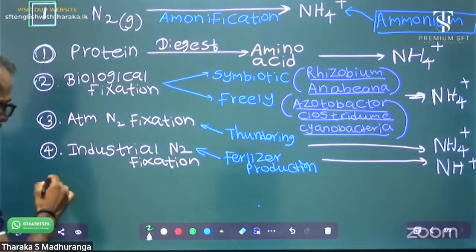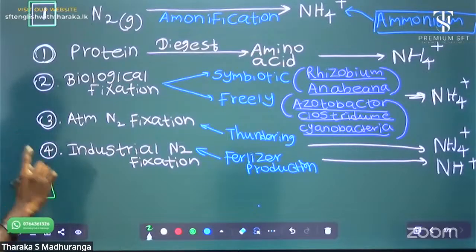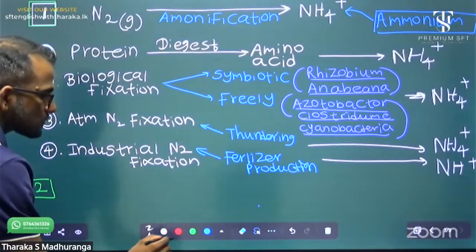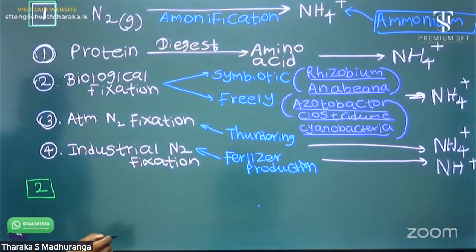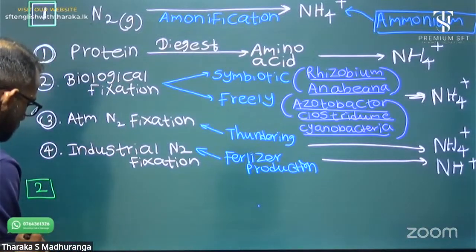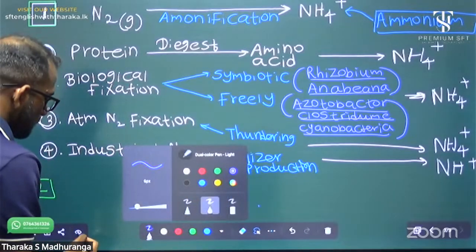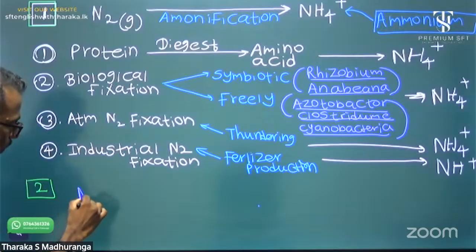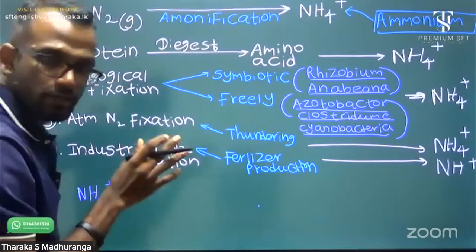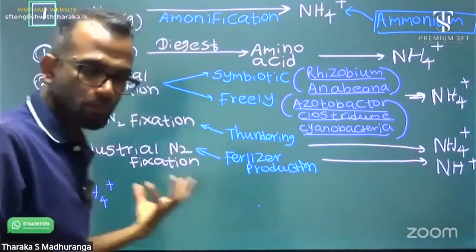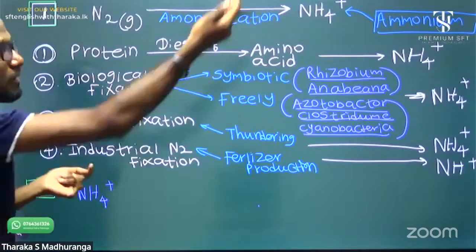Let's move to the second main step. What happened? The soil contains a huge amount of ammonium ions, produced by any method.